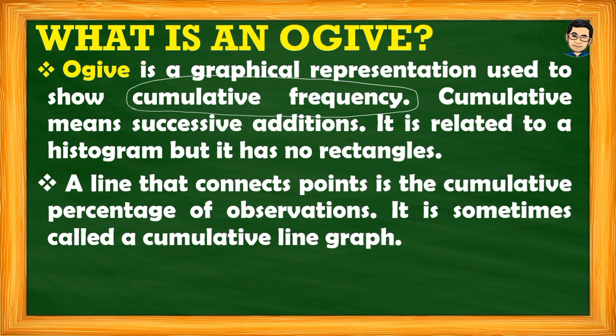It's because makikita natin dito yung cumulative frequency and then yung cumulative percentage. So, sa cumulative frequency, i-add natin lahat ng frequencies per interval. Dun sa percentage naman, iyan, makikita din natin doon yung pinaka-highest natin is yung 100% syempre.